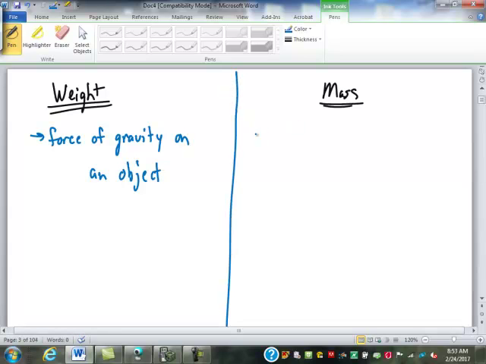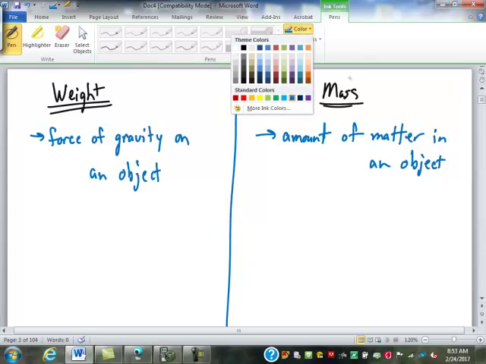Mass is defined to be the amount of matter in an object. Literally, how much material, how many particles are within that object.